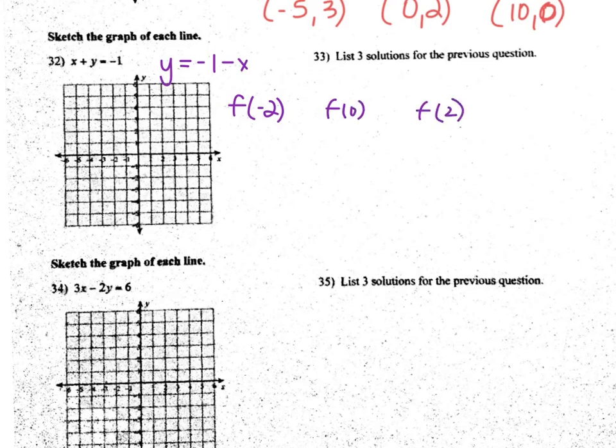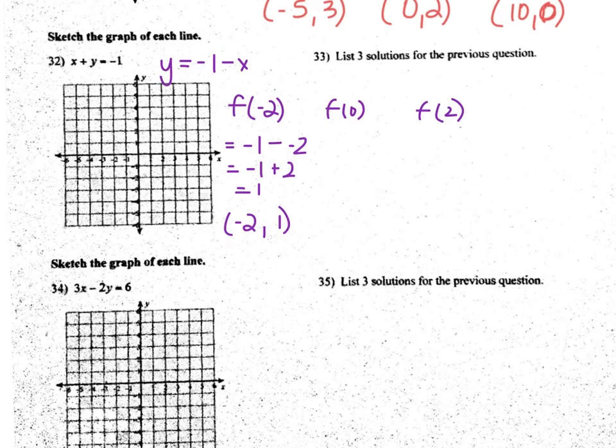All right, so f of -2 is going to equal -1 minus, and then the x is -2, so that's minus -2. Minus negative is positive. So that's going to give me +1. So my first ordered pair, or solution, is (-2, 1).